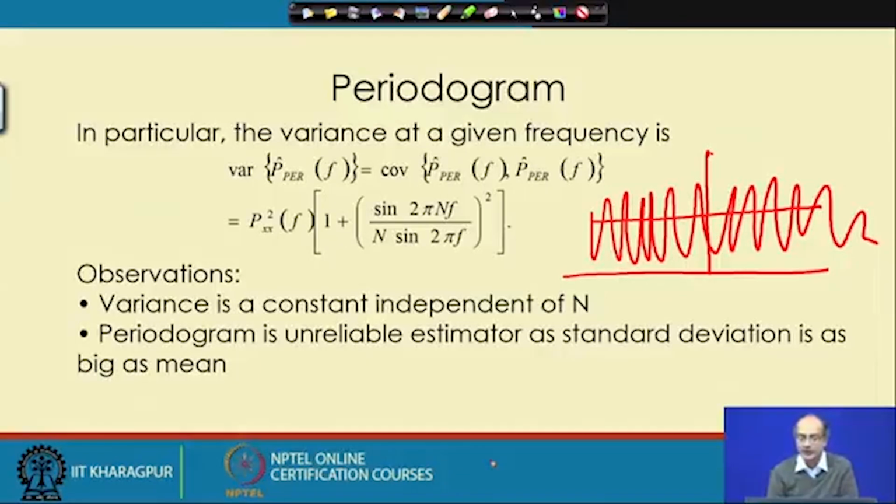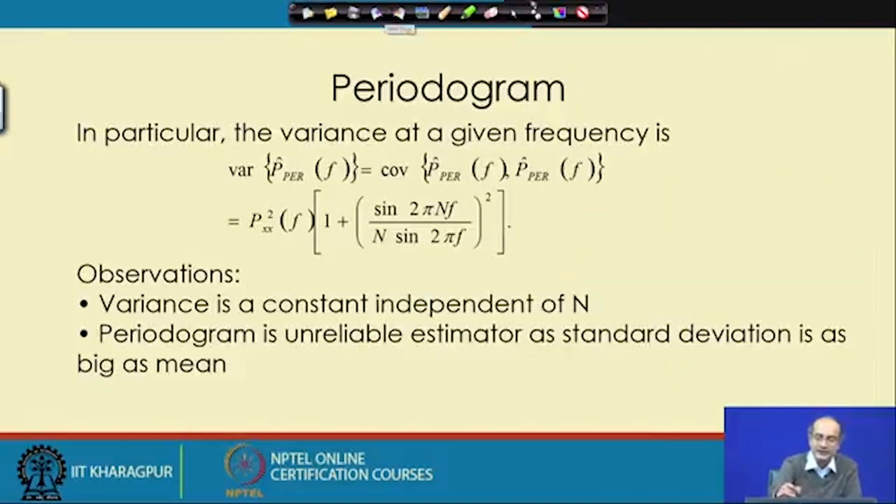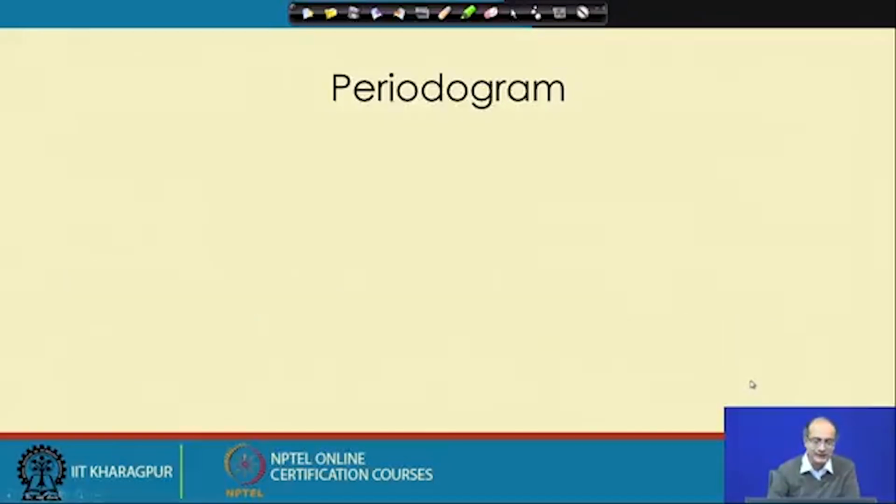It is not at all a constant value. That is because you have used the periodogram and the periodogram is not a reliable estimate. After doing this experiment, I hope that you would be convinced about what we are teaching in this class, that it is not reliable because the variance is as big as the mean.